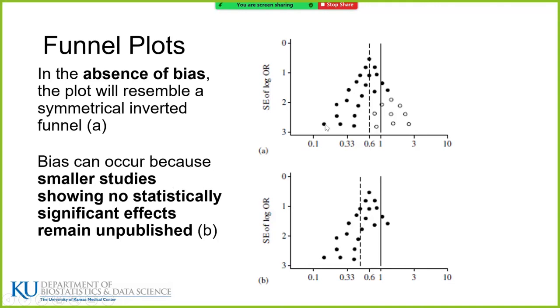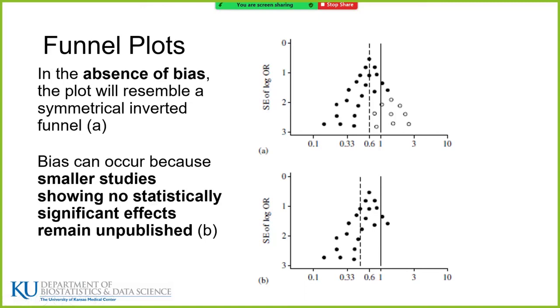So in the absence of publication bias, you see both the positive studies and the negative studies across all levels of sampling error. And you, by the way, would expect to see more sampling error associated with both positive and negative findings.